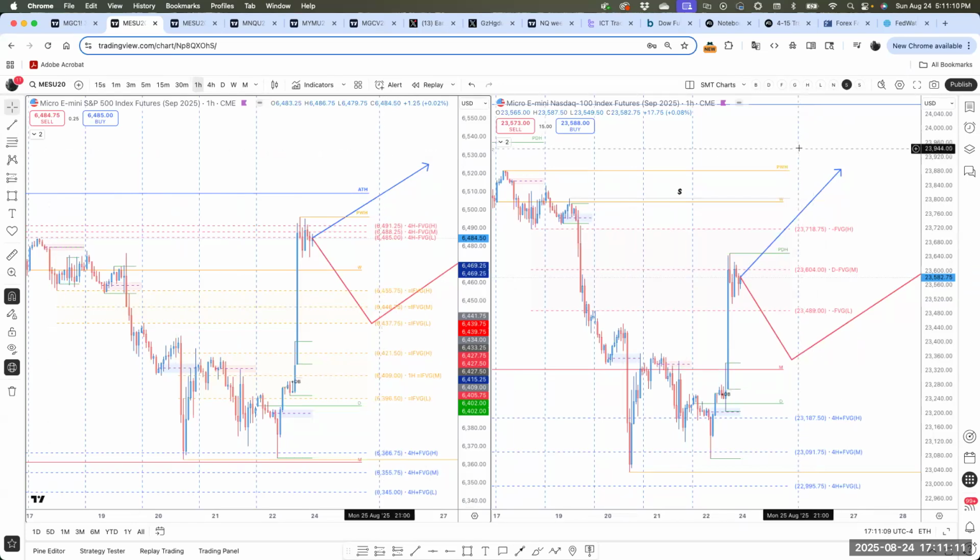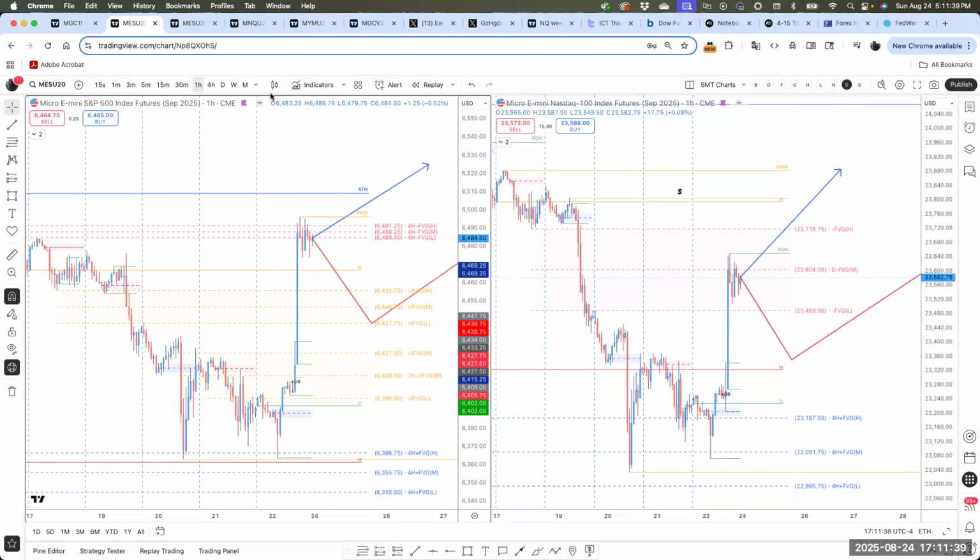Really going to be looking for symmetry on higher time frames and lower time frames, because that has been almost bread and butter. When I went back and backtested a lot more, I realized a lot of my setups I missed because I wasn't paying attention to symmetry and the divergence between ES and NQ.